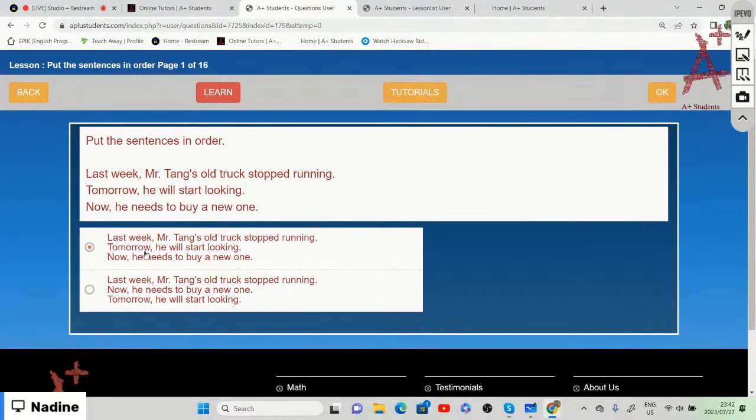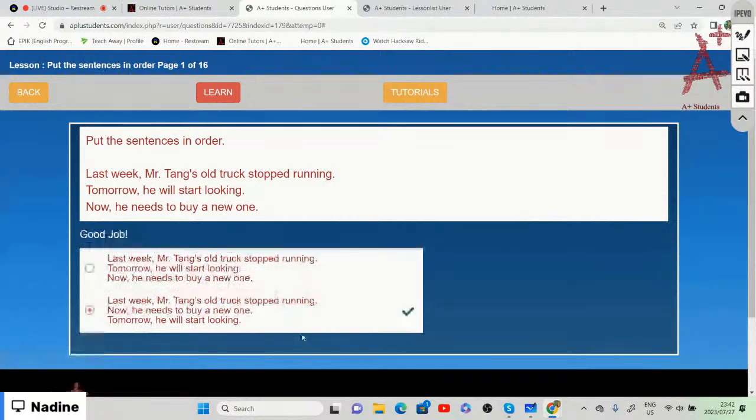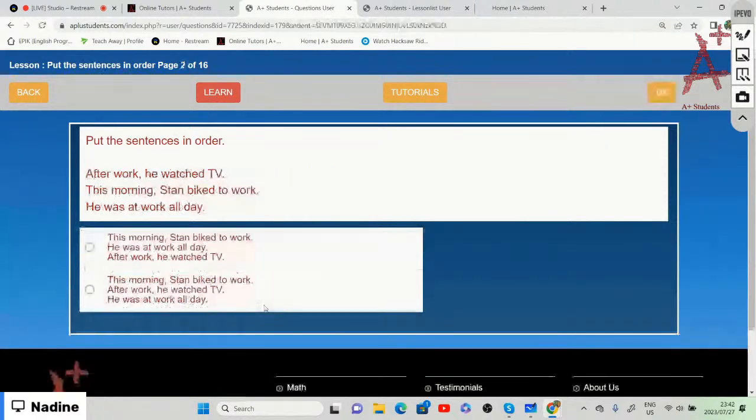So is it last week first, then tomorrow, then now? Or last week Mr. Tang's old truck stopped running, now he needs to buy a new one, tomorrow he will start looking. All right, let us choose anyone. Right? So we chose the one that says first last week, then tomorrow, then now.